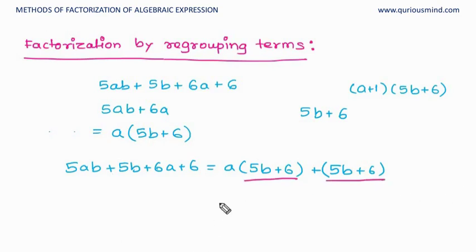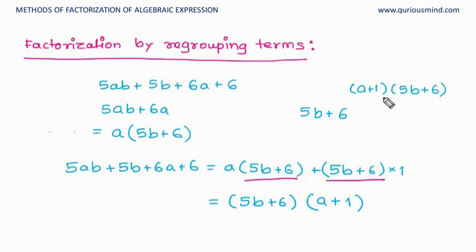So I'll use that as common. So it will be 5b plus 6, and in the bracket from this term a, plus, from here 5b plus 6 is along with a 1 here. So that is 1. And we got two factors.